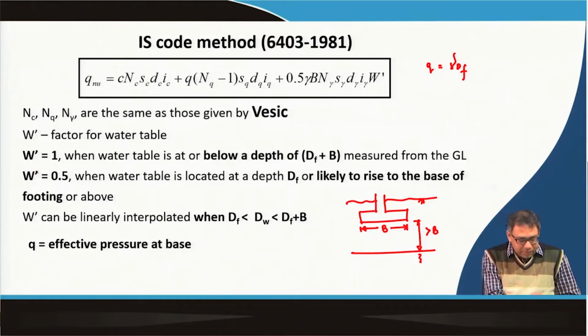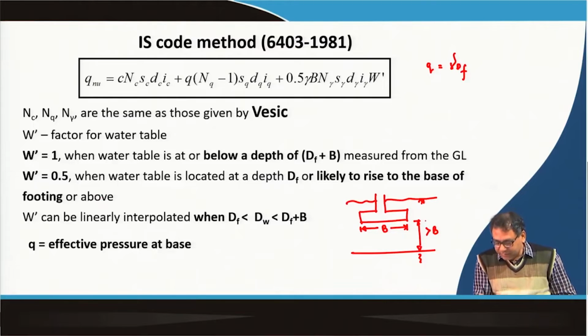Okay. Now, W' is 0.5 when the water table is located at a depth Df or likely to rise to the base of the footing or above. So, that means here it is mentioned as per IS code that if the water table is at the base of the footing, then W' will be 0.5, and here W' equal to 1.